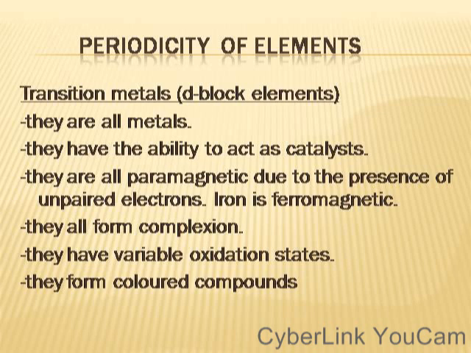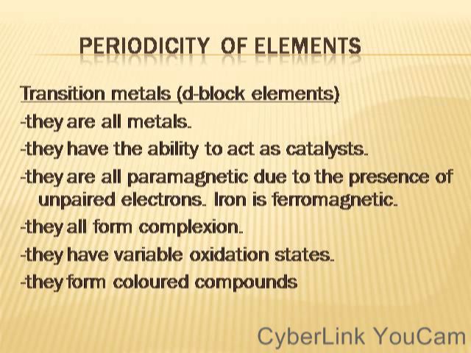They are all metals. They have the ability to act as a catalyst, like we have iron, nickel, and so on. They are all paramagnetic due to the presence of unpaired electrons.